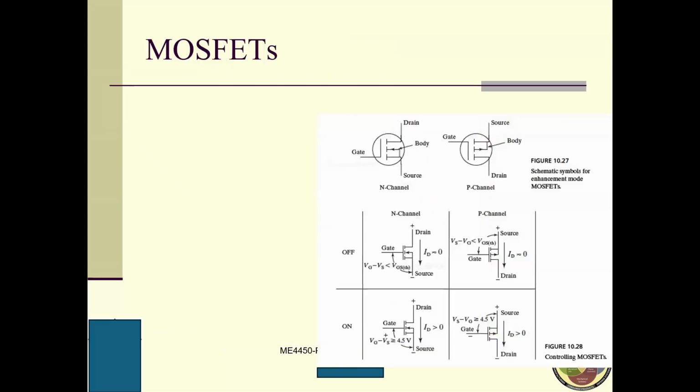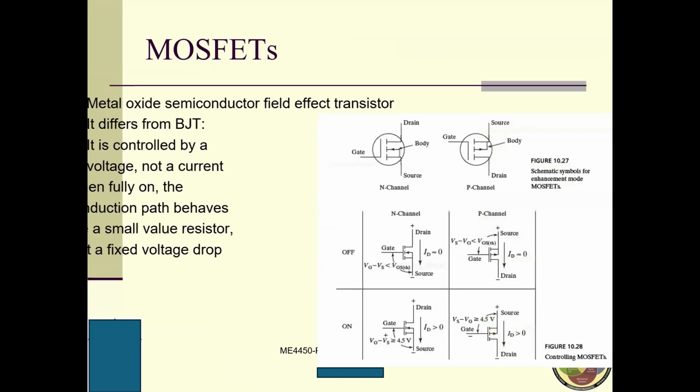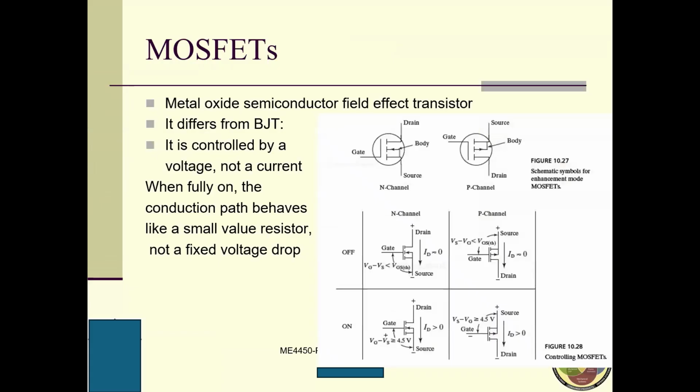And then we talk about the MOSFET. The MOSFET is different, okay? But these charts are analogous to the charts we have learned. So keep in mind, whenever you see the MOSFET with the arrow going in, this is N channel.